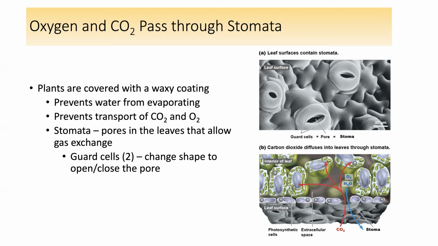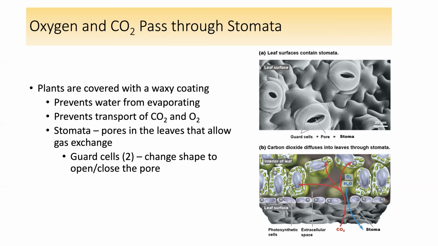It's also there to prevent transport of CO2 and O2. So the leaves are trying to regulate to some degree the amount of CO2 that is coming into the leaf itself and the amount of O2 that's leaving. So the wax, in essence, creates a barrier that prevents them from just freely transporting across that surface.